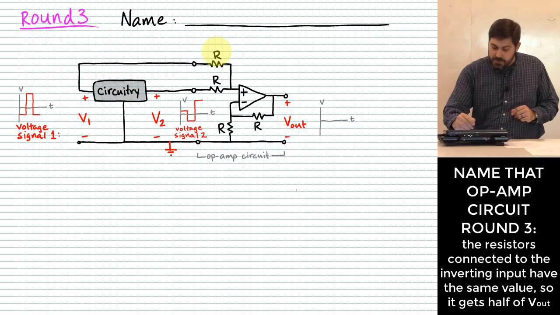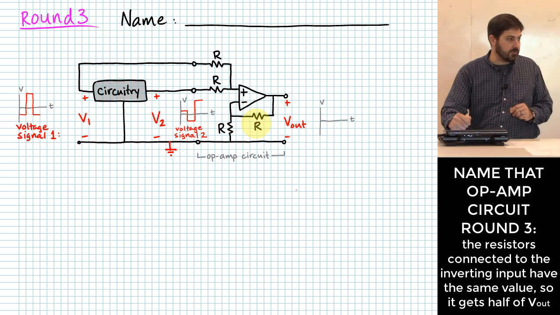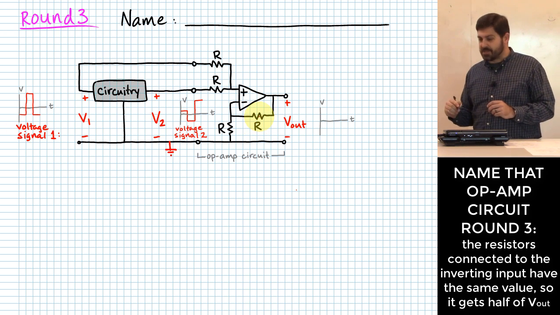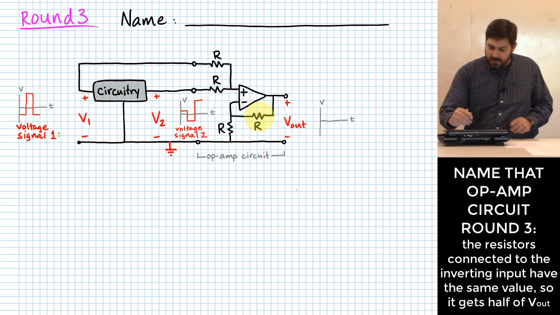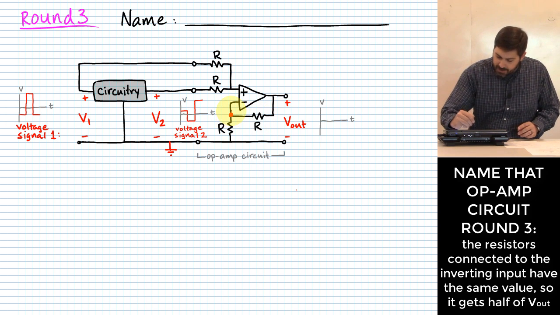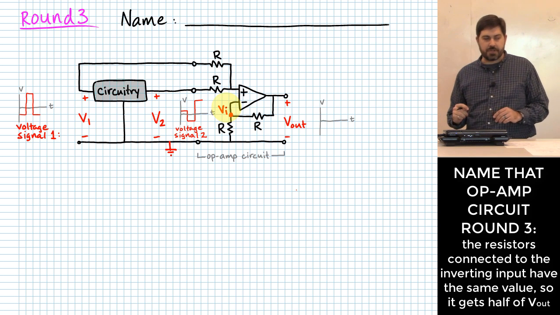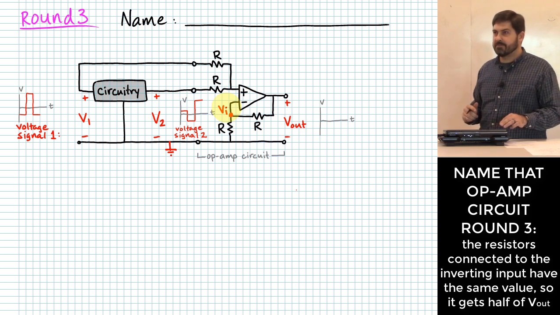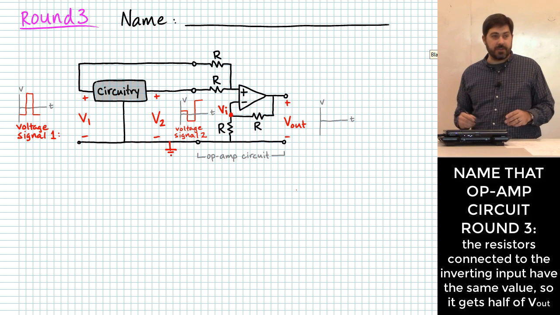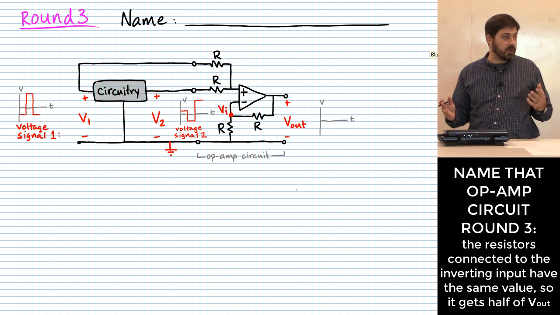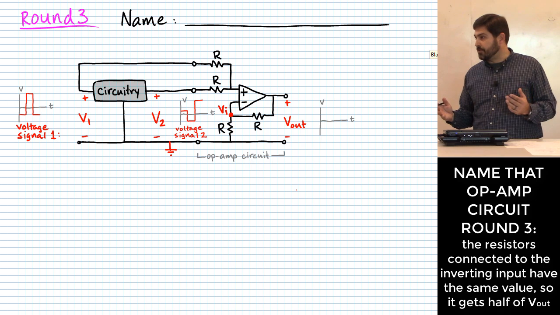Notice all 4 of these resistors have the same value in this one. And that makes this just a little bit easier. For instance, can you tell me, if I call that value right there like I did on the last one, call that VI, can you tell me what that VI is going to be? Well, let's do it. It works kind of the same as the last one where you could use voltage division, right?